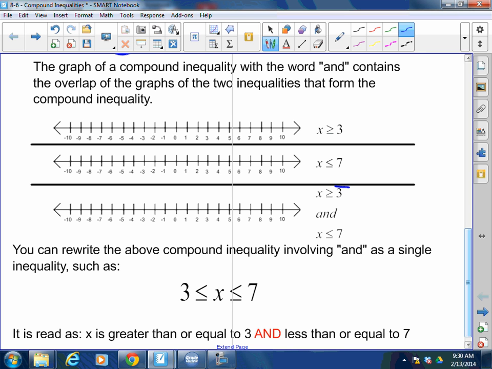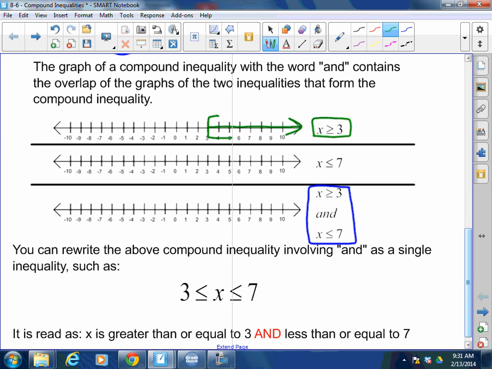My end result is going to be this compound inequality. X is greater than or equal to 3, and X is less than or equal to 7. That's my end result. Let's first start with graphing X is greater than or equal to 3. Okay, so bracket around the 3, right?